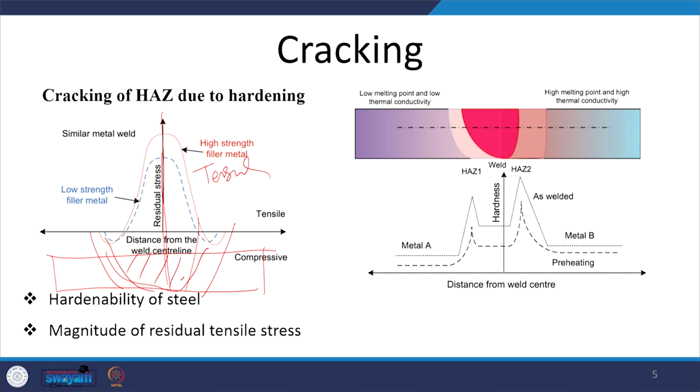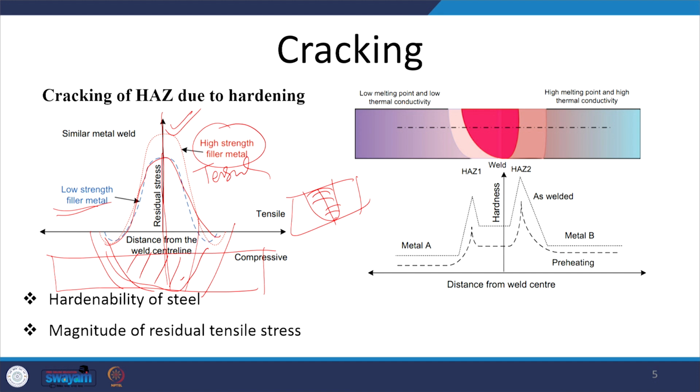But when we use a high strength filler metal, higher residual stresses are induced, and when we use a low strength filler metal, the maximum residual stress magnitude that is induced is lower. So, for developing the weld joint, if we use a low strength filler, then the magnitude of residual stress induced will be lesser.